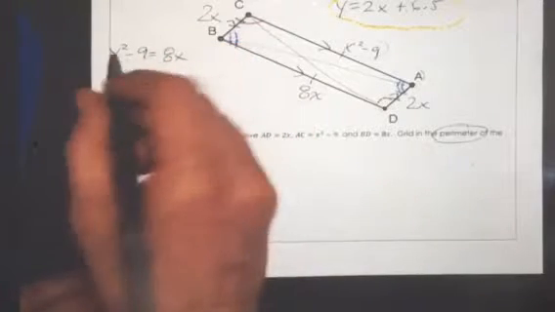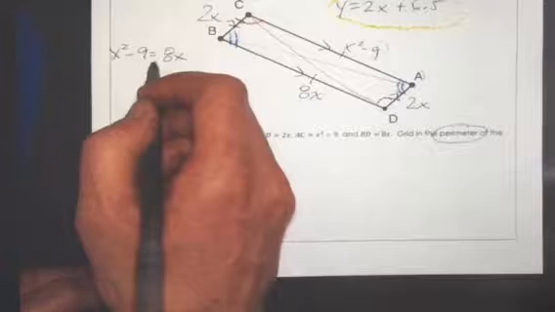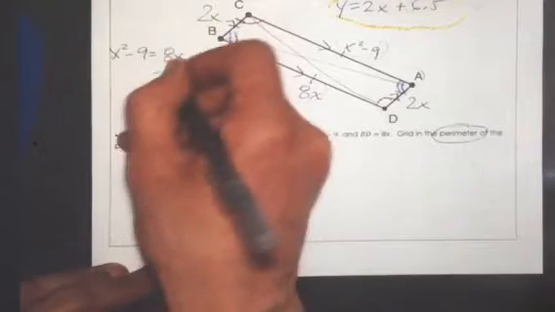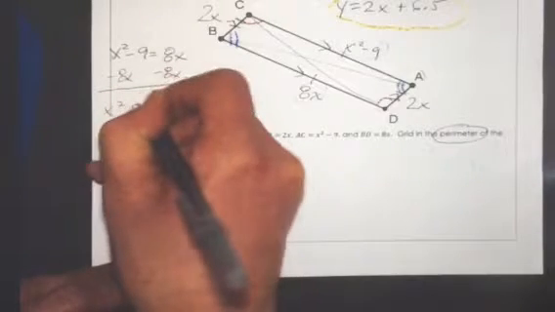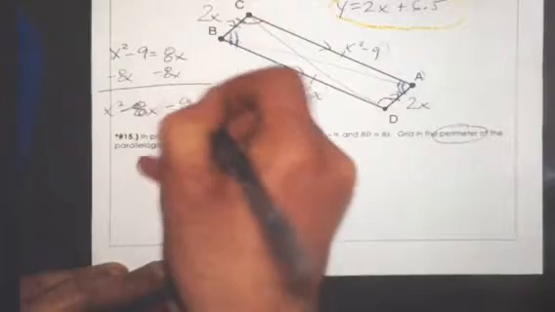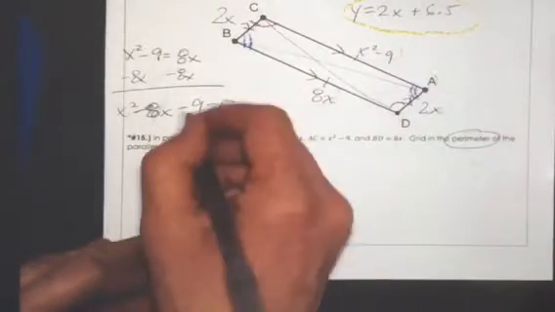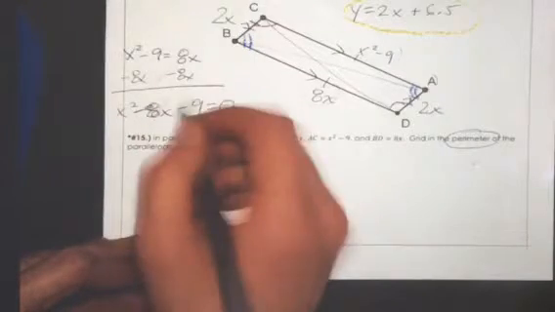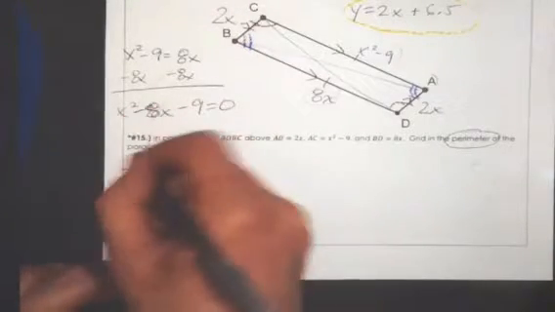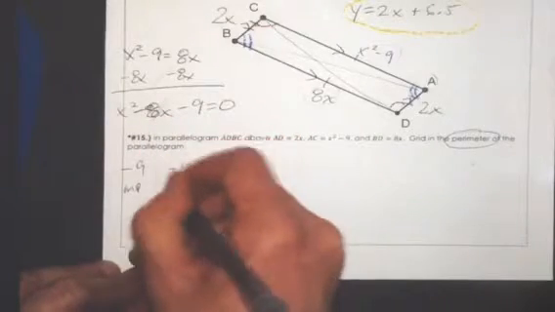We see that this has a quadratic piece to it, so we'll solve it by setting the equation equal to 0. So we'll subtract 8x from both sides and say that x squared minus 8x minus 9 equals 0. Now our master product is negative 9 times 1, which is negative 9, and our sum is negative 8.